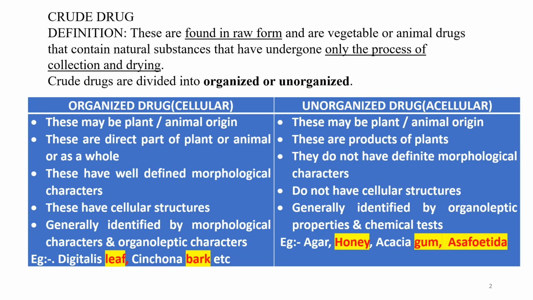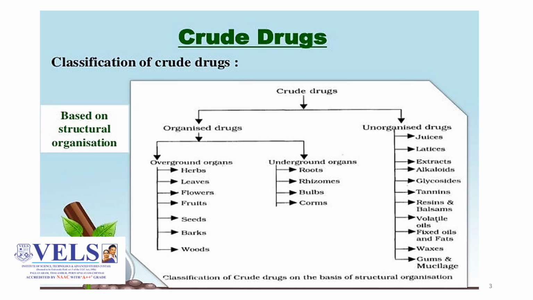Examples of organized drugs are digitalis leaves, cinchona bark, or any parts of the plants. Examples of unorganized drugs are honey, acacia gum, asafoetida, benzoin, resin containing drugs, etc. So this is the classification of crude drugs, that is organized and unorganized drugs.